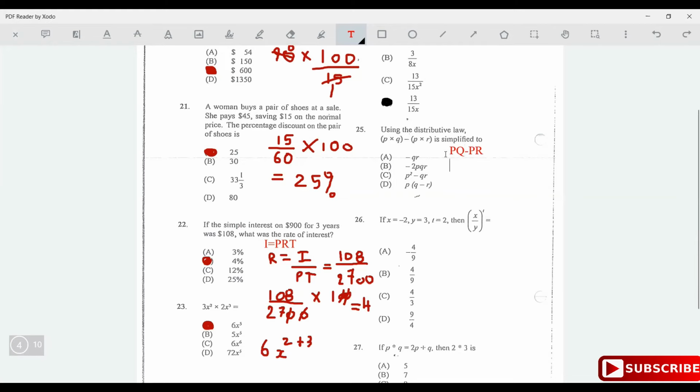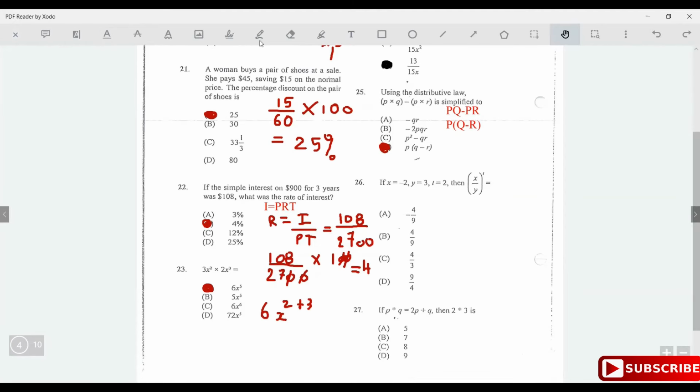And then both of them have P, so you can factor out the P and write it as P times Q minus R. Easy.